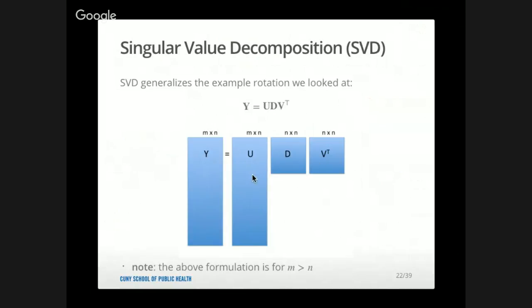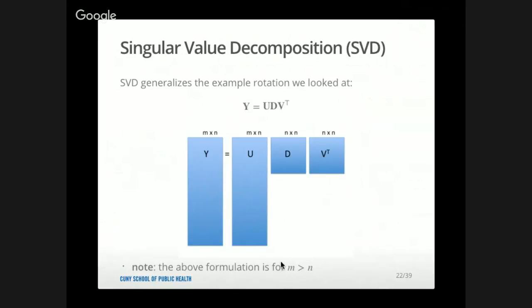Okay, so I'm going to discuss each of these in detail because the interpretation of these is quite important for principal components analysis. But for now, know that we're breaking this 22,000 by 189 matrix into another matrix of equal size and 2 square matrices with rows and columns equal to our number of samples, one of which is diagonal.